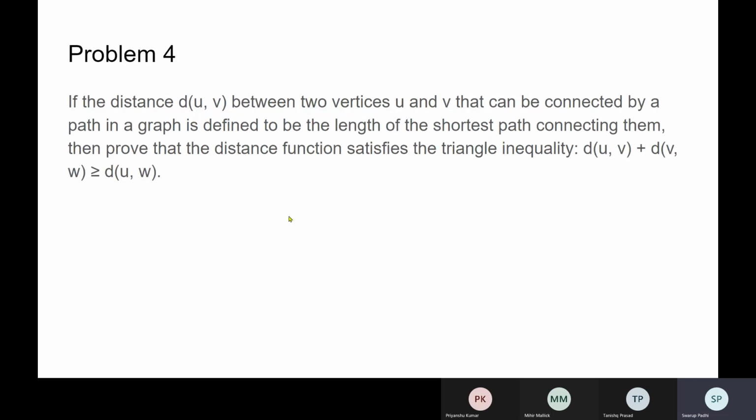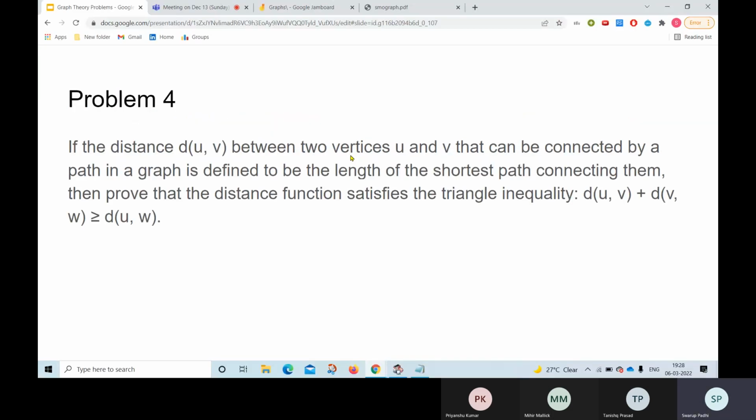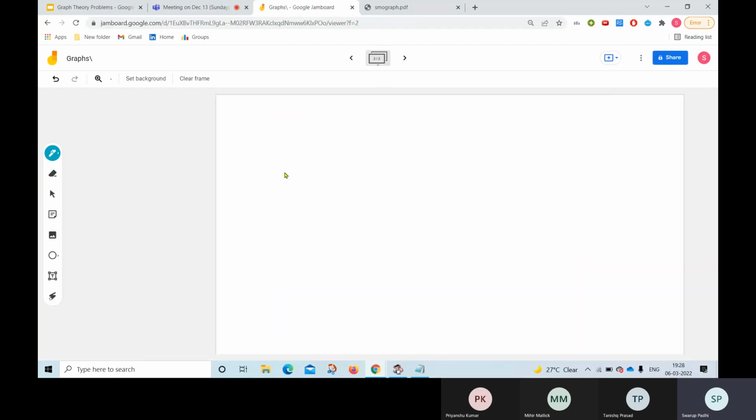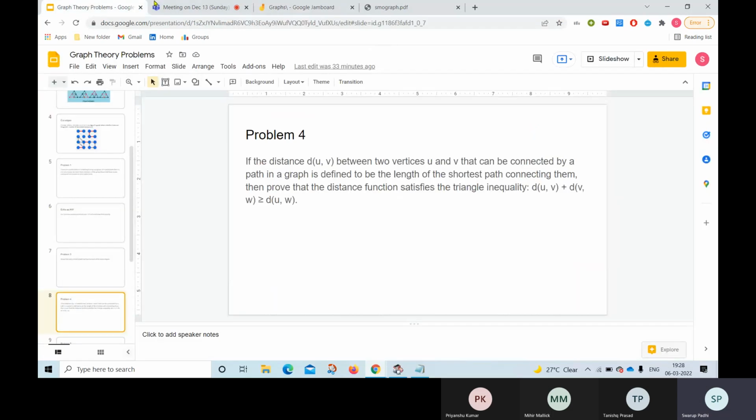Again, this is very simple. It says that the distance d(U,V) between two vertices U and V that can be connected by a path in a graph is defined to be the length of the shortest path connecting them. Prove that the distance function satisfies the triangle inequality: distance of U to V plus distance of V to W is greater than or equal to distance of U to W. Here d(U,V) is the distance between two vertices along the shortest path, which is the length of the shortest path.